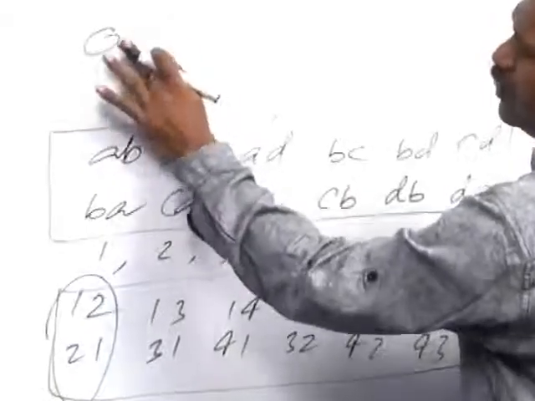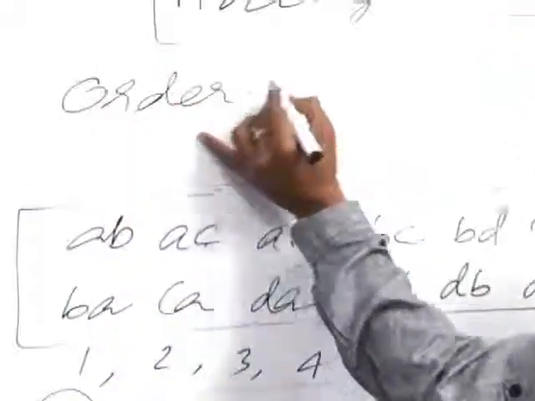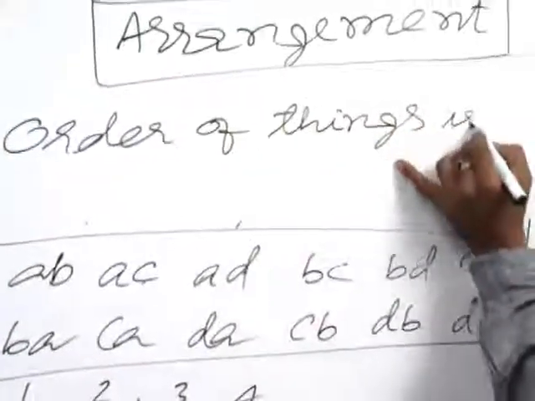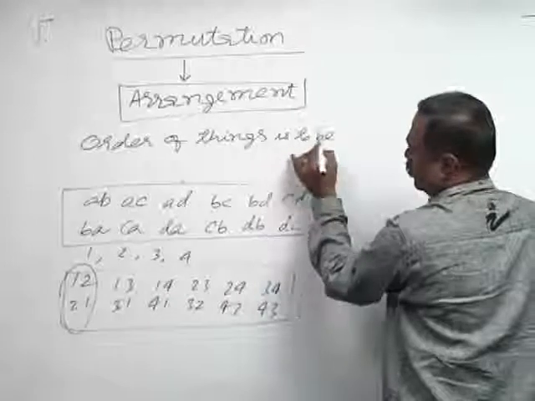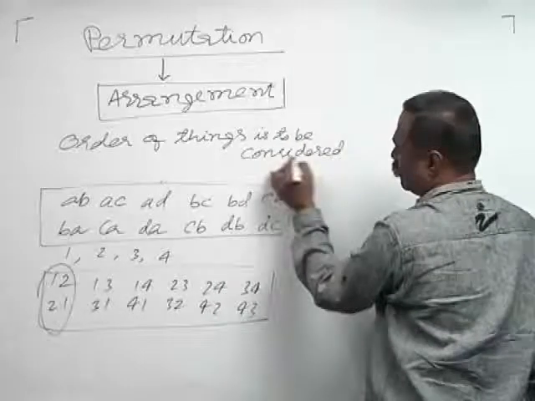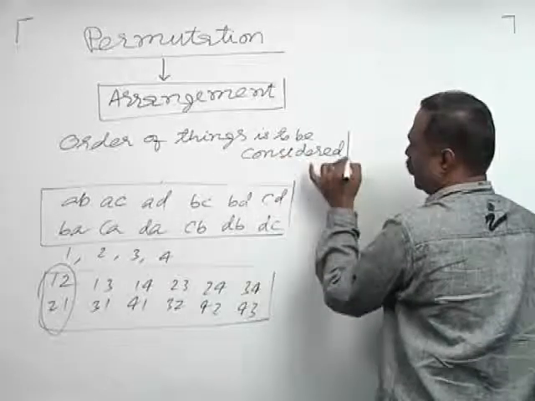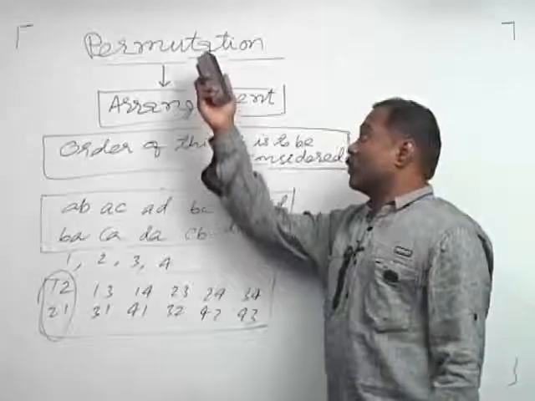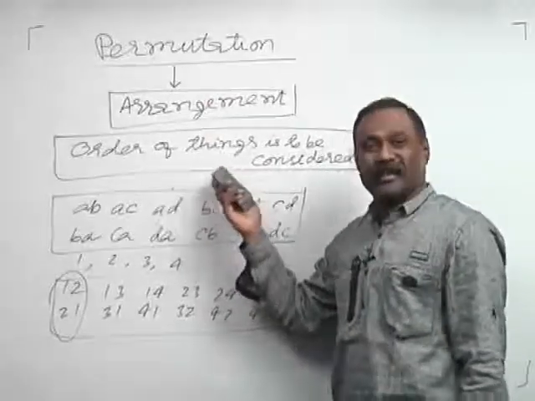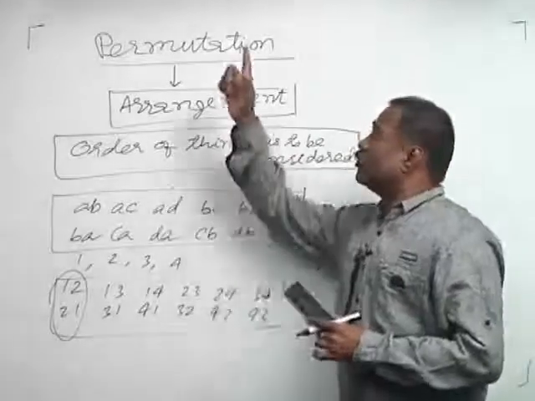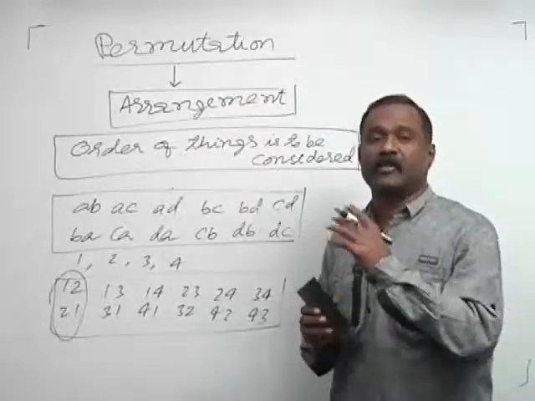The important thing to be noted in a permutation is that order of things is to be considered. Should not forget it. Very important point, because later in the combination we will see the difference between a permutation and combination basing on this only. Wherever the order of things is to be considered, there you have to apply a permutation.